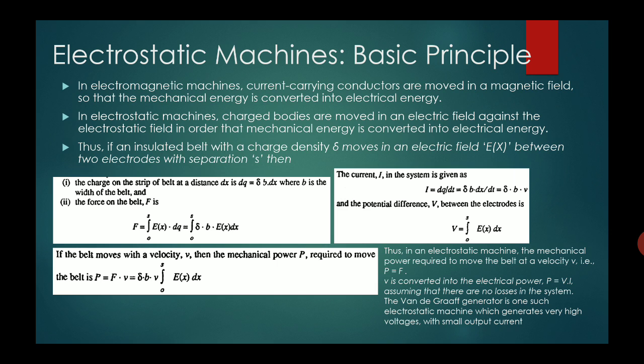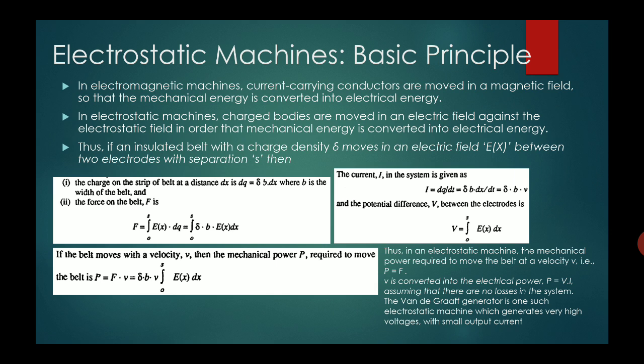Since its breadth is b and length for an instant is dx, when we consider a small amount of distance, the total force is F equal to the integral from 0 to s of Ex dq, that is equal to the integral from 0 to s of delta b Ex dx.